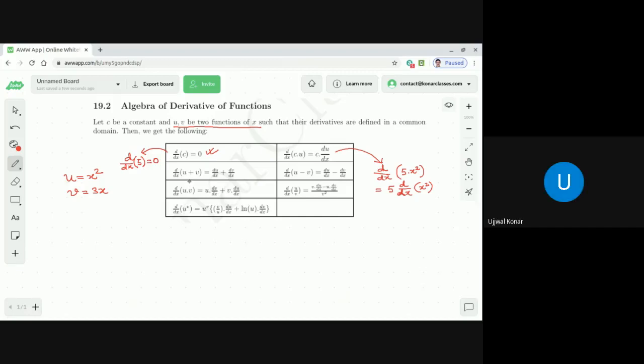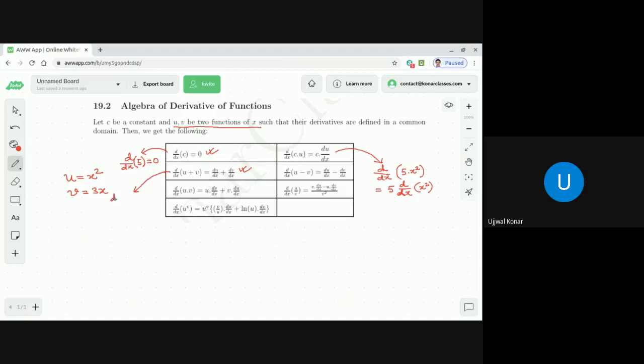The third one is that d/dx of u plus v is equal to du/dx plus dv/dx. Correct? So let's take an example.